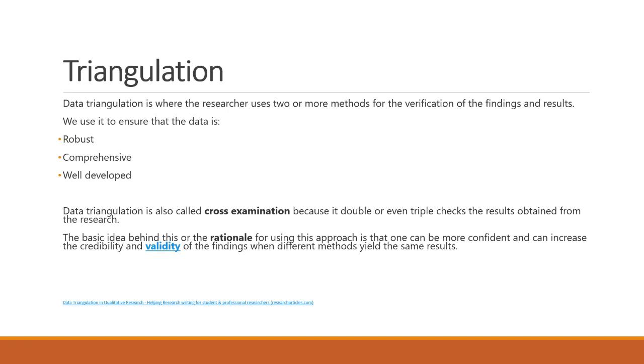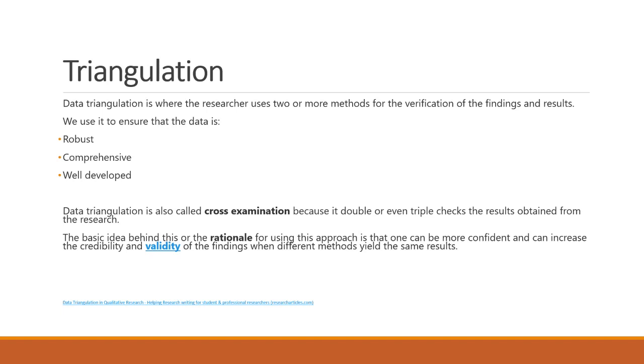So what triangulation does is it double or triple checks the results that are obtained from the research. And as I said, the idea is to increase the credibility of your work and the validity of your work. Not that if you just use one method, it won't be valid or credible. It will.